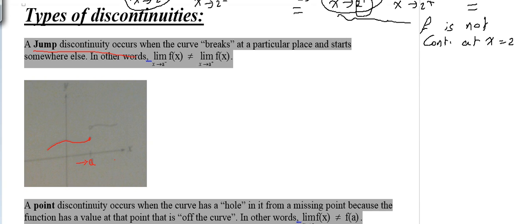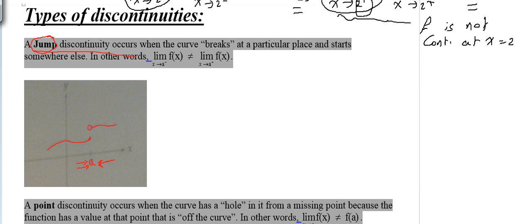While if we approach a from the left, it's a hollow point. It's open at this point. This means the limit at a minus, from the left, does not equal the limit at a plus, from the right. And this we call a jump discontinuity.